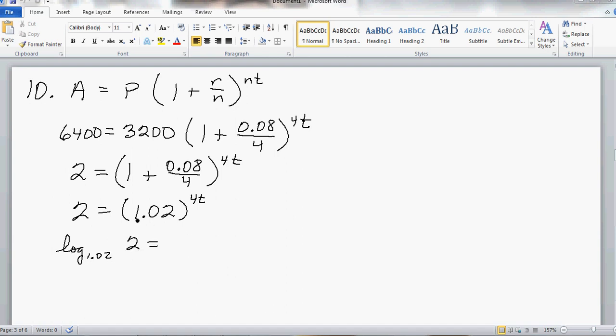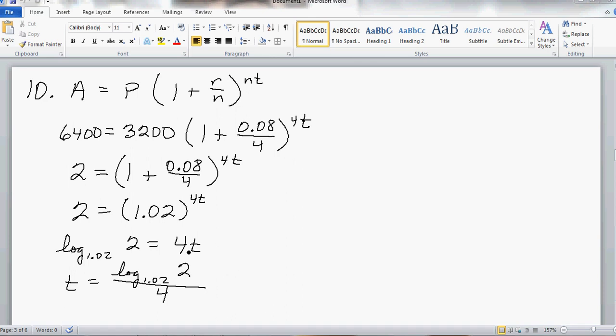And when we take the log base 1.02 of this, it becomes 4t because the base then disappears. So to solve for t would become log base 1.02 of 2 all over 4 when we just simply divide both sides by 4.